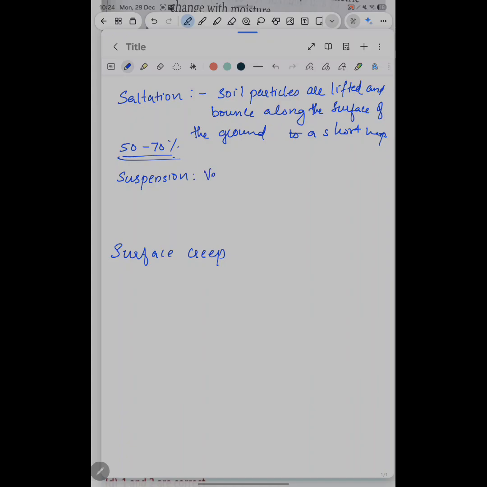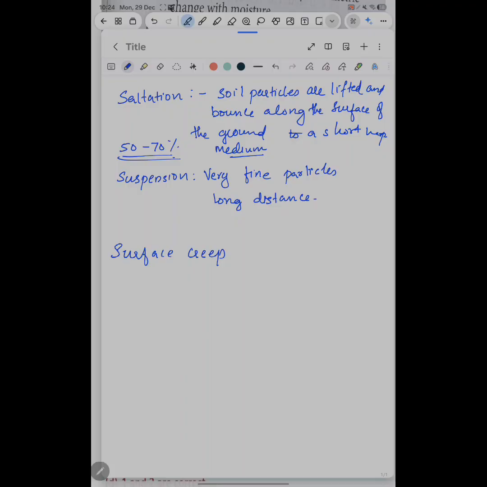In suspension, very fine particles are carried high in the air for a long distance, whereas in saltation a large amount of soil is transported only a short hop.